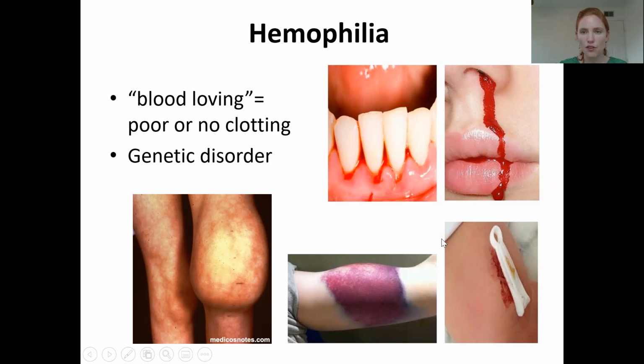And the problem with not clotting is that you're going to have too much blood flow. So even a small little bruise could just bleed and bleed and bleed, and that can end up being a life-threatening problem.